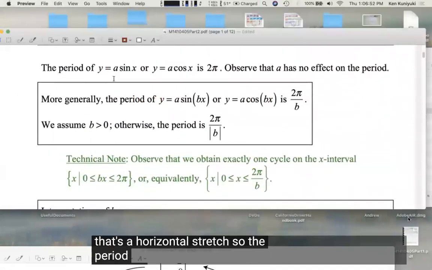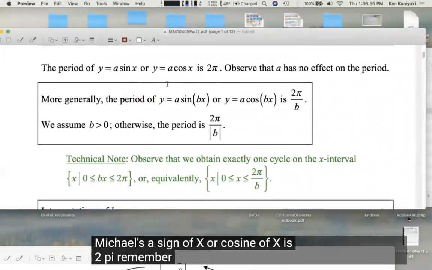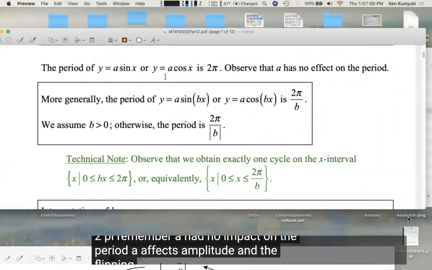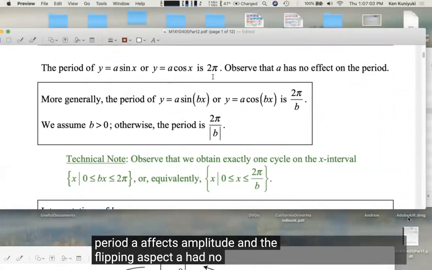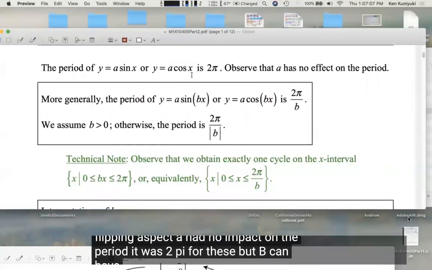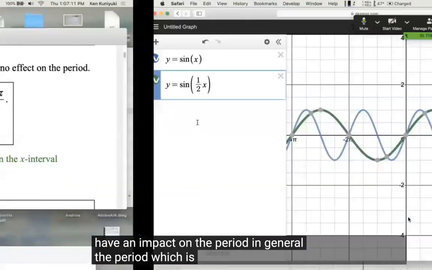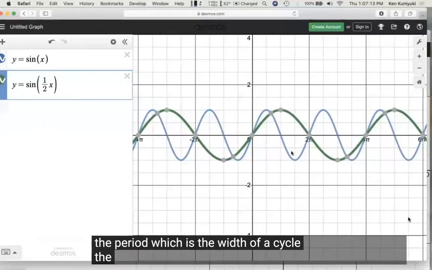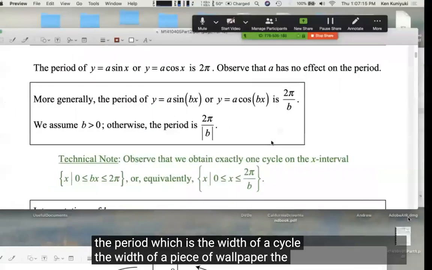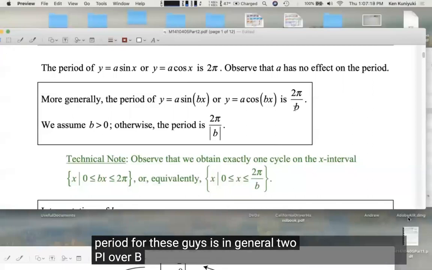So the period of y equals a sine of x or cosine of x is 2 pi. Remember, A had no impact on the period. A affects amplitude and the flipping aspect. But b can have an impact on the period. In general, the period, which is the width of a cycle, the width of a piece of wallpaper, is 2 pi over b.